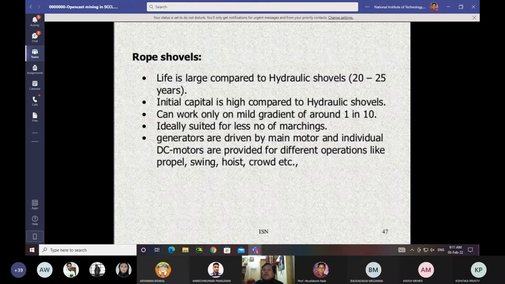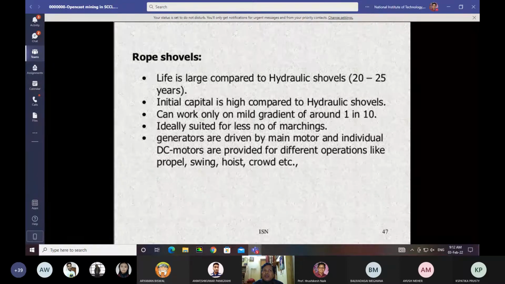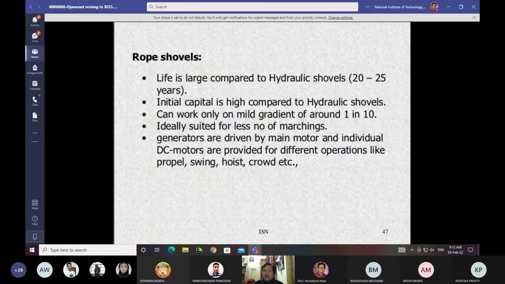Therefore, if the life of the mine is small, then you have to go for diesel operated shovels, hydraulic shovels, small size shovels. Why? Because the initial capital cost of the rope shovels is very high compared to the hydraulic shovels.